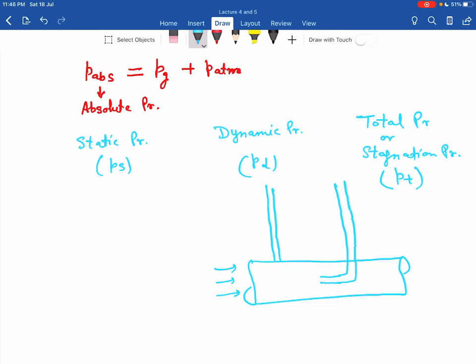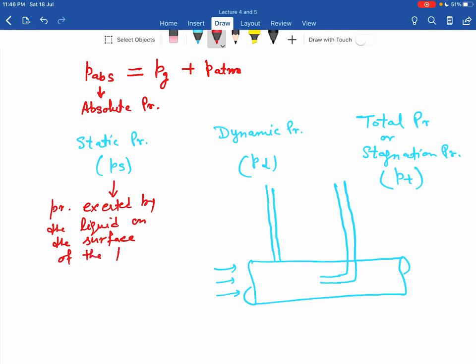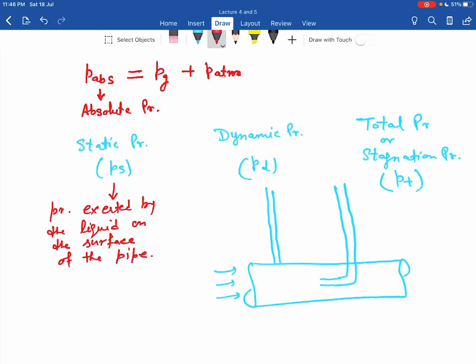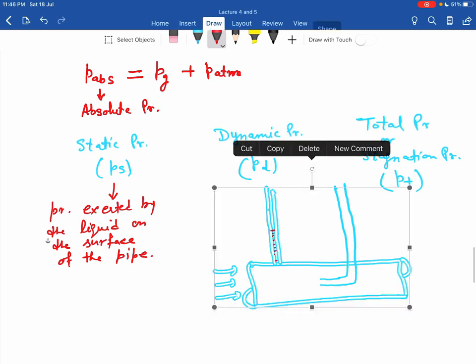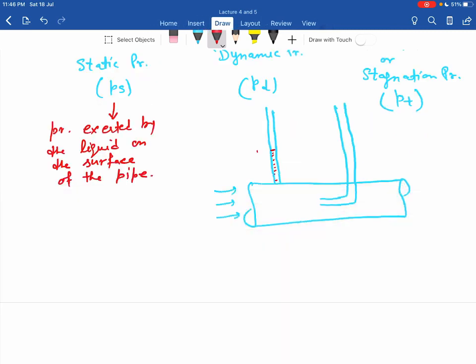The static pressure is the pressure exerted by the fluid flowing through this pipe on the surface of the pipe, or you can say on the wall of the pipe. When liquid flows through this, the liquid rises in this tube up to a certain height, and this measurement gives us the static pressure.